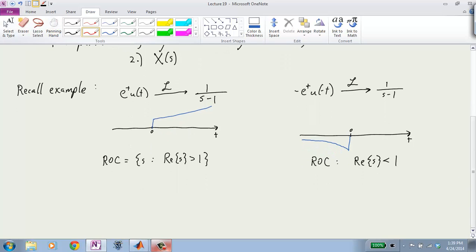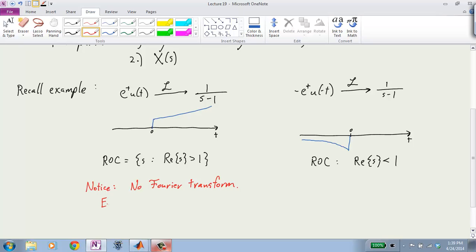Notice something else interesting here, that in this case, there is no Fourier transform. Why is that? Why do I say that? For this formula on the left. Yeah, exactly.